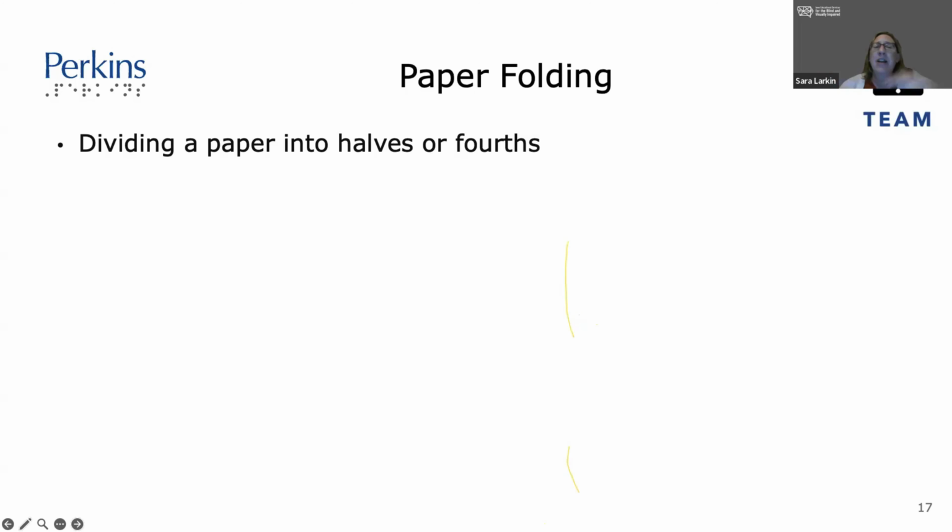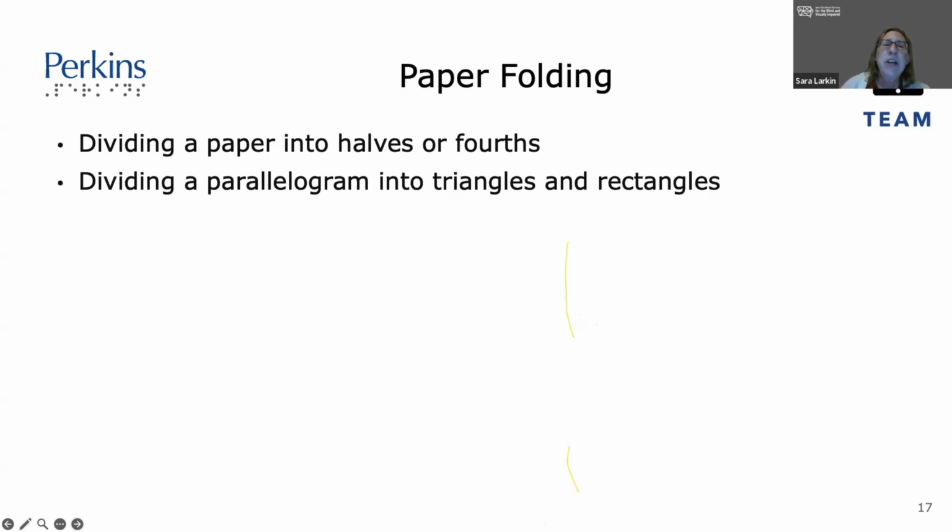And then I have that square, when I open it back up, is now divided into halves. So you can do fractions very quickly. I can do halves, or I can fold it a second time, and now I folded it into fourths, and opening that back up and counting those pieces.